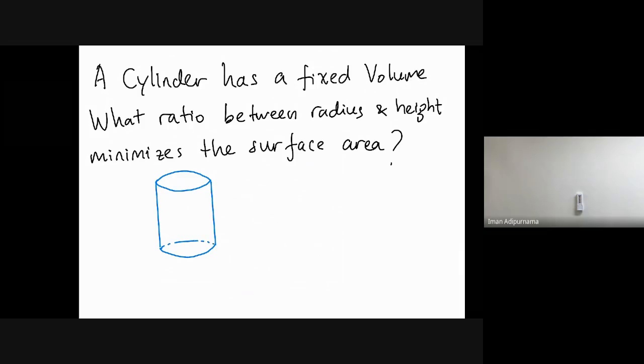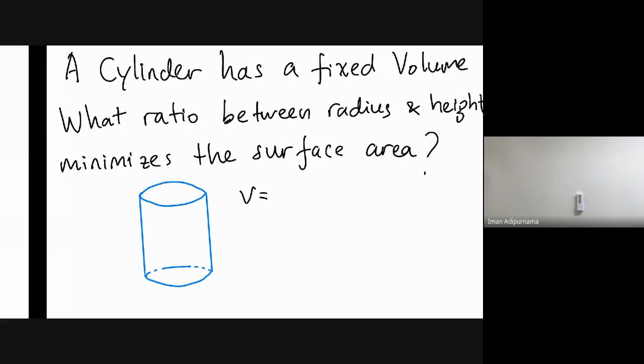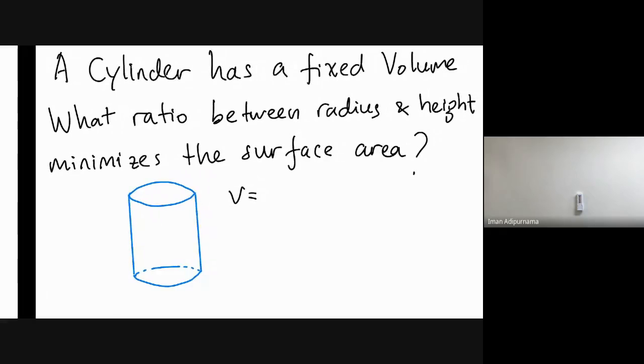Remember the volume of a cylinder? What is the volume for a cylinder? Remember?